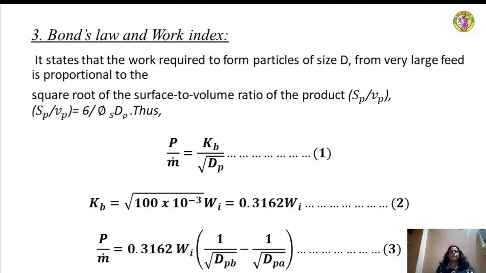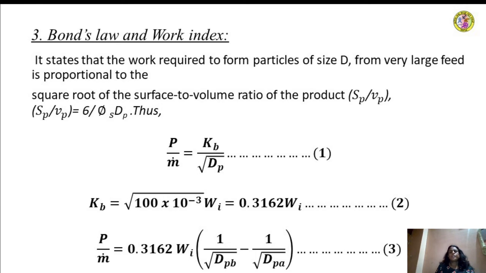Kb can be calculated using a term called work index. That will be equal to square root of 100 into 10 power minus 3, times Wi. Work index is the power required in kilowatt hours to reduce the particle size from an initial size to a final size such that 80% of the product passes through a 100 micron screen.